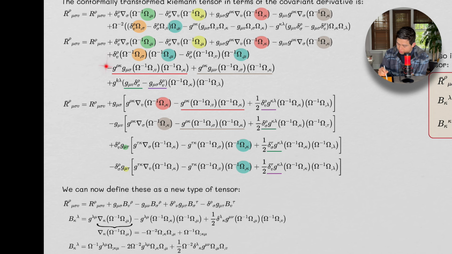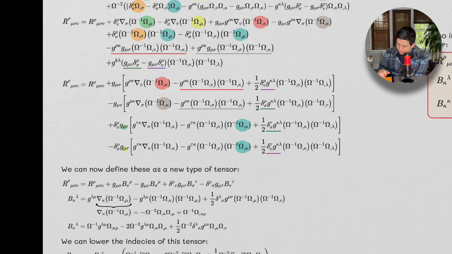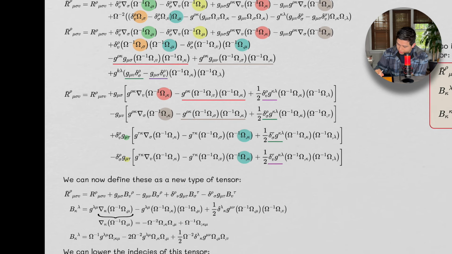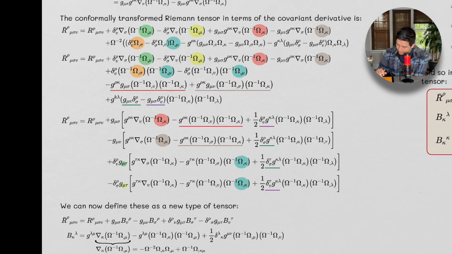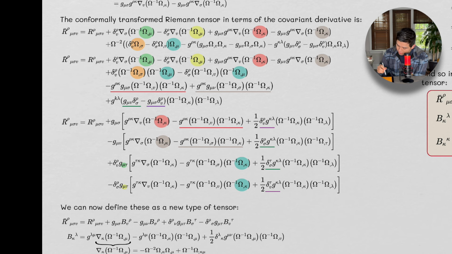So this red underlined term is going to be associated with this term here, and this brown underlined is this one, and then green and purple underlined are these guys, okay? And now I'm color coding these guys as well. So these colors here, the yellow and green, are also color coded in our indices.